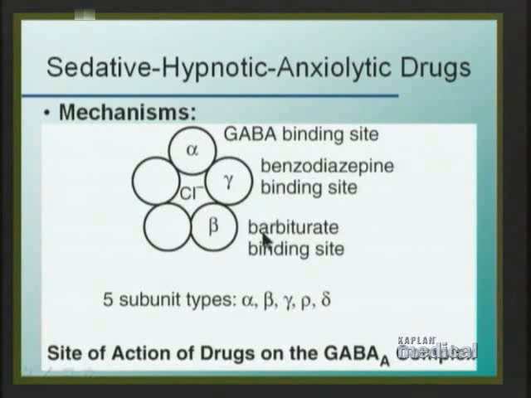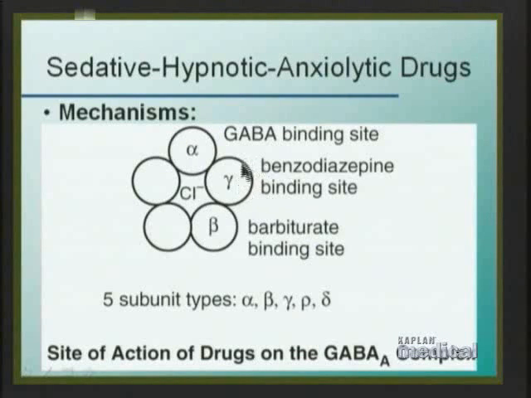They cannot compete with each other for binding. By the same token, if there were antagonists to these binding sites, they would be very selective to either benzos or barbiturates.